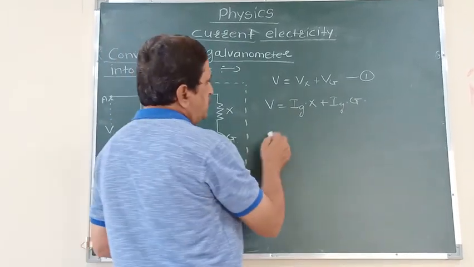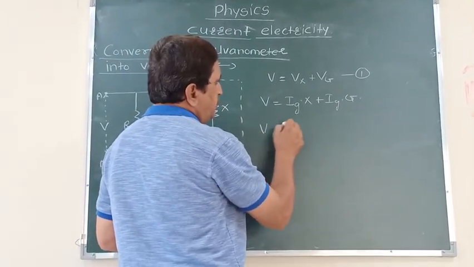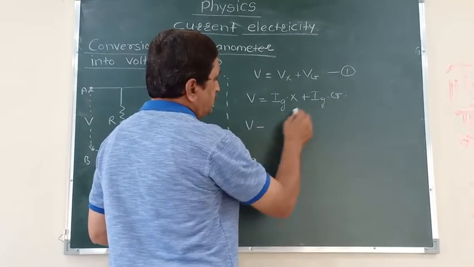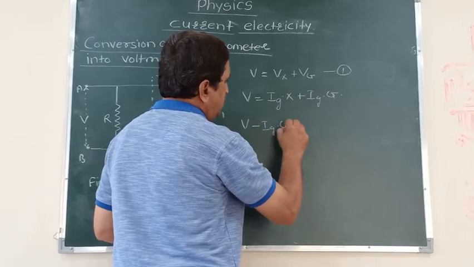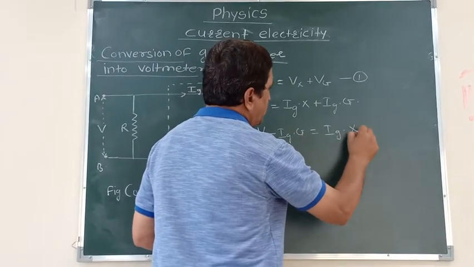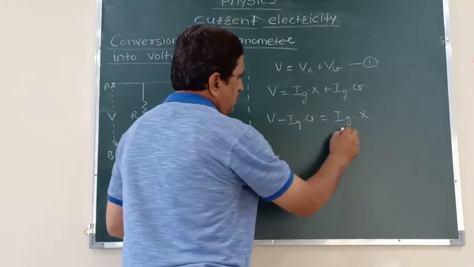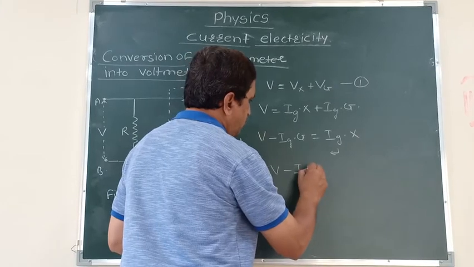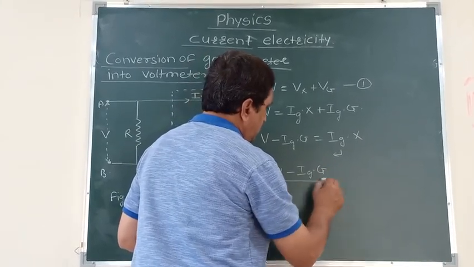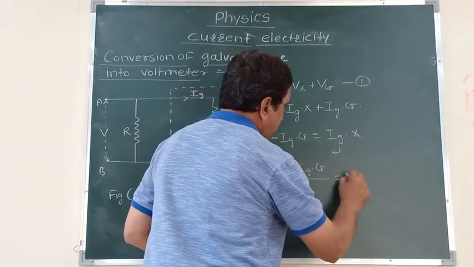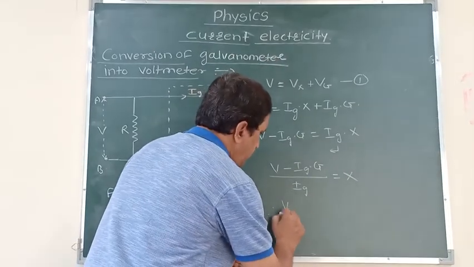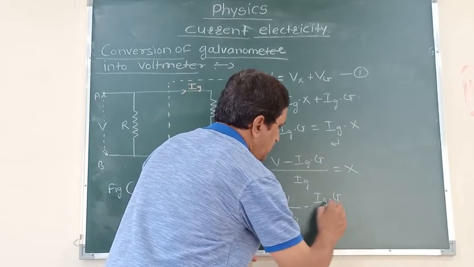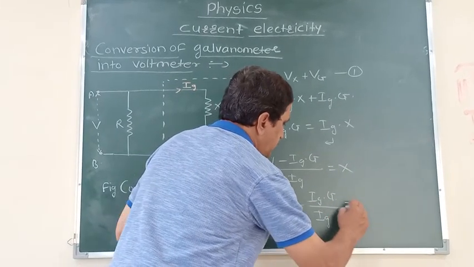Then from this, V minus Ig into G is equal to Ig into X. Then shifting this Ig to this side, V minus Ig into G divided by Ig is equal to X.